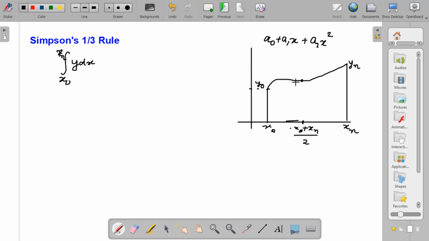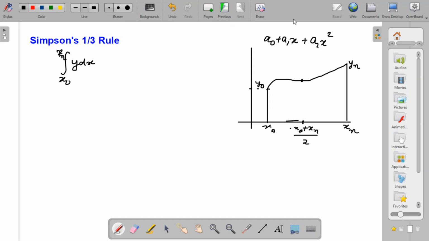So when the polynomial passes through this particular point, say x0, at that time x is actually x0, and here also you can substitute for x0. So you can have one equation when the value of x is substituted as x0. Then you can have the next equation where the value of x is substituted as x0 plus xn by 2. Then also you have a function like this.